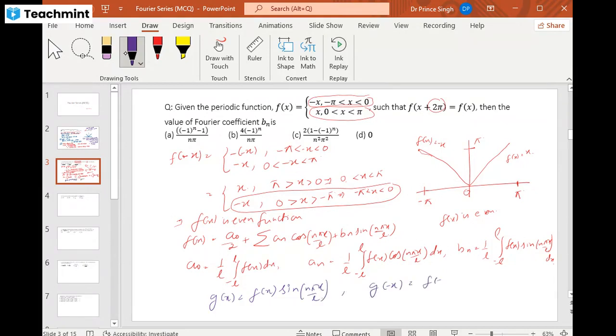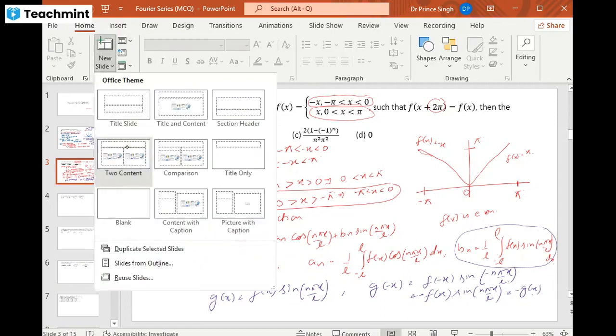This is f of minus x into sine of minus n pi x upon L. But f of x is an even function, so this is f of x, but sine of minus theta is minus sine, so minus sine n pi x upon L. So the product of an even and an odd function is an odd function. And if this function is odd, then the value of the integral from minus L to L is 0. Because we have the identity of definite integral, let me add one more slide here.